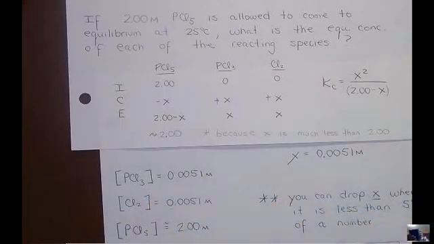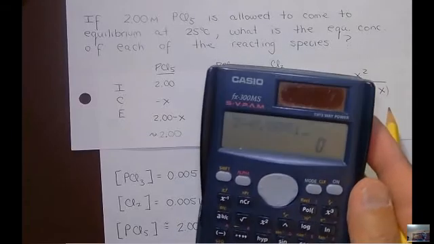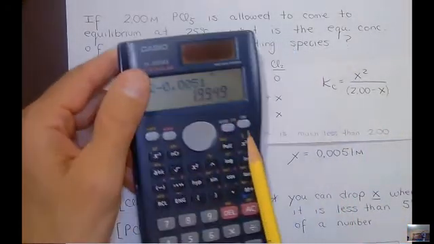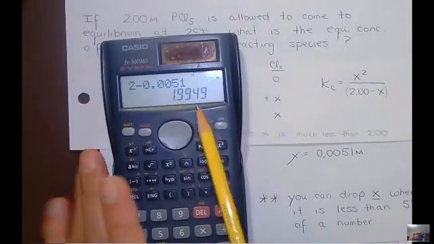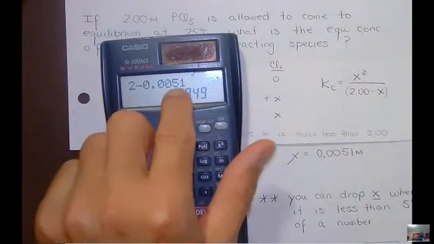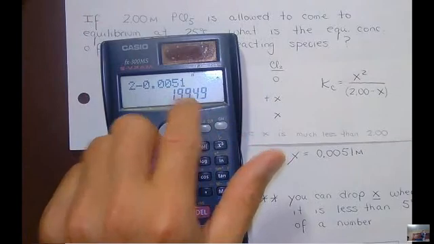Oh, I added it, sorry. 2 minus 0.0051 equals 1.9949. Come on, that's 2. So to the number of significant digits that we're doing this, it didn't matter if I subtracted it or not.